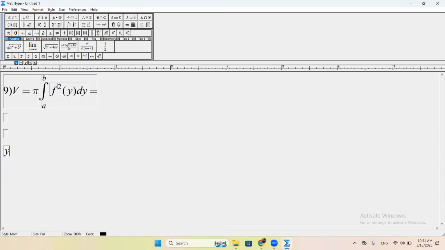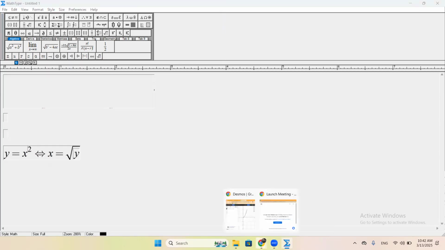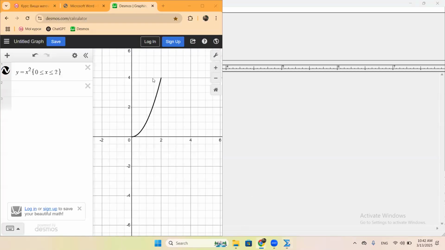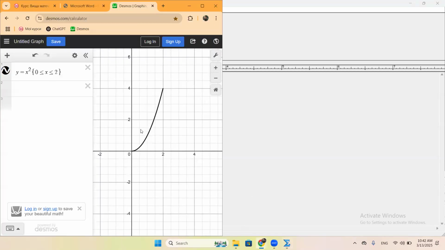So y equals x square. Then, for our case, x equals square root of y. And by the way, we need to specify values not of x but values of y in such case, so from 0 to 4.